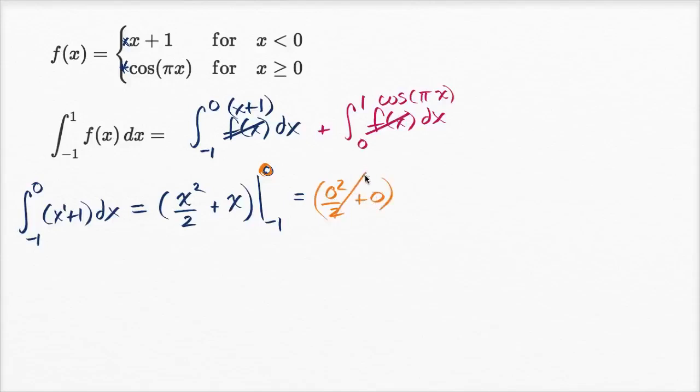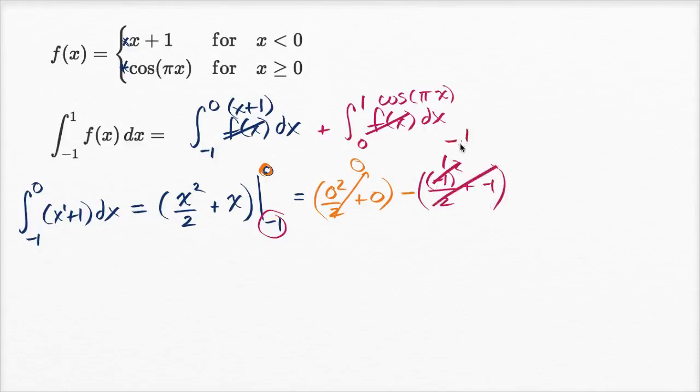Well, all of that's just going to be equal to 0 minus it evaluated at -1. So minus -1 squared over 2 plus -1. So -1 squared is just 1. So it's 1/2 plus -1. 1/2 minus 1 is -1/2.